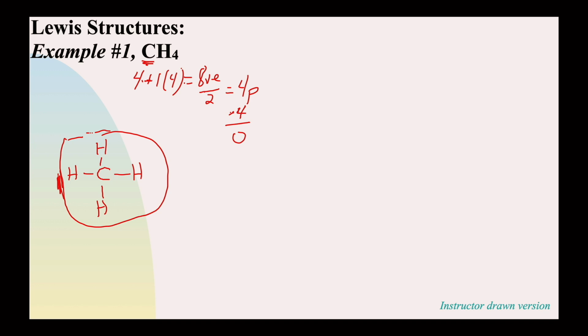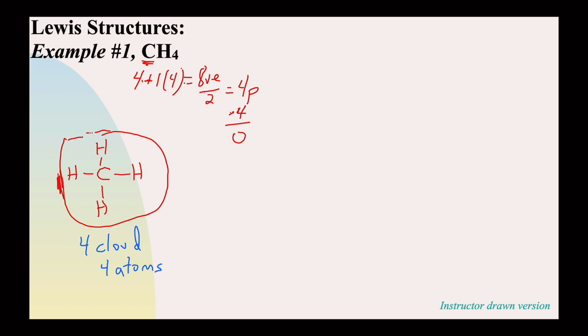Now, let's go a little bit further and interpret this molecule for VSEPR. In VSEPR, you look at the central atom, which in this case is carbon, and carbon has 4 bonds around it, and each of those bonds is a cloud. This would be a 4 cloud system, and there are 4 atoms connected to the central atom, no lone pairs.